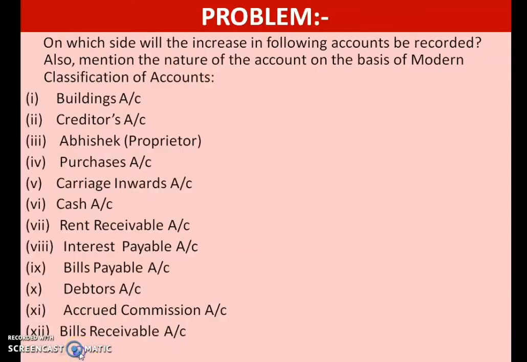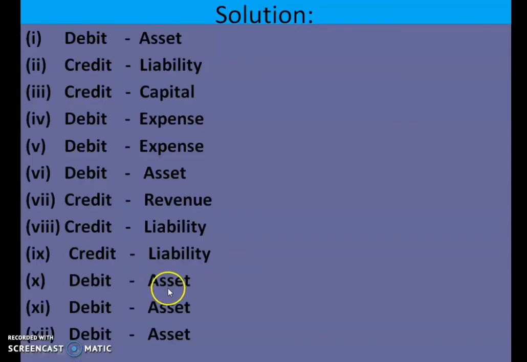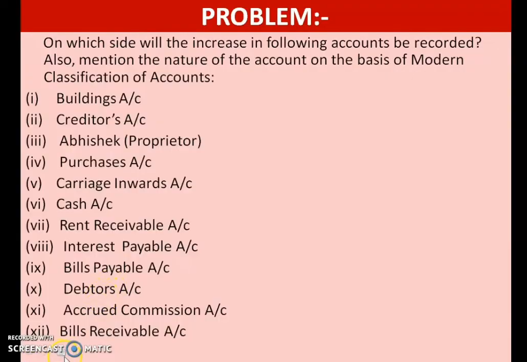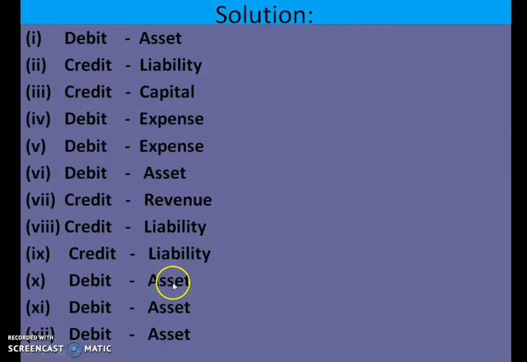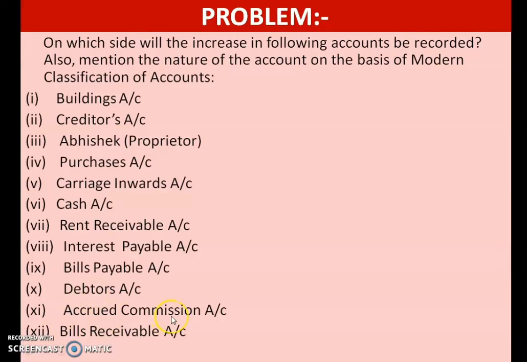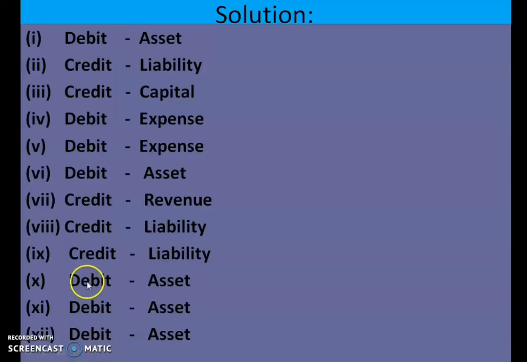So just write down that debtor is your asset, and if it increases, you have to write it on the debit side. Same is the case with accrued commission. It is also your asset. Same is the case with bills receivable. These three items are assets which increase, and you have to show them under the debit side.